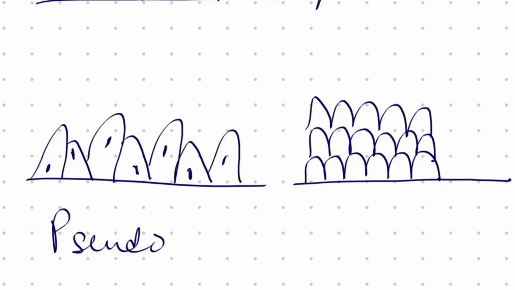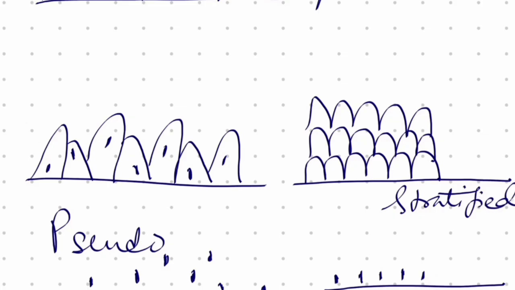But if you see under the low power, you will see that though the nuclei appear in multiple layers, they are not arranged properly in an orderly manner as in case of stratified columnar. This is pseudostratified, this is stratified, where the nuclei are nicely arranged in an orderly manner, one above the other. So this is very clearly seen.